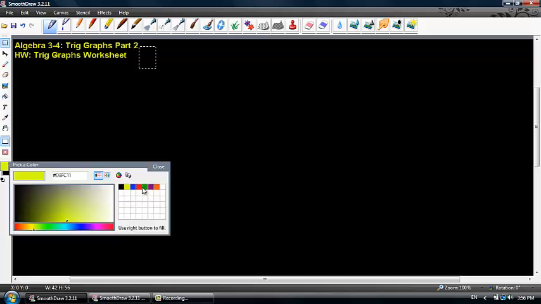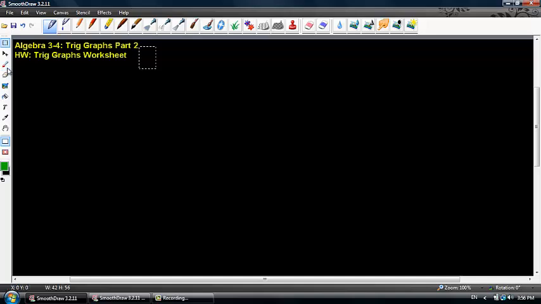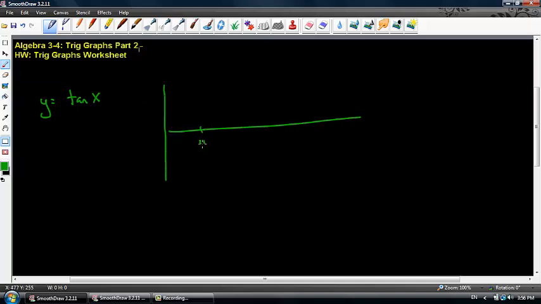Okay, so let's take a look at the original tangent function. Okay, at pi over 2, at pi, 3 pi over 2, and at 2 pi.